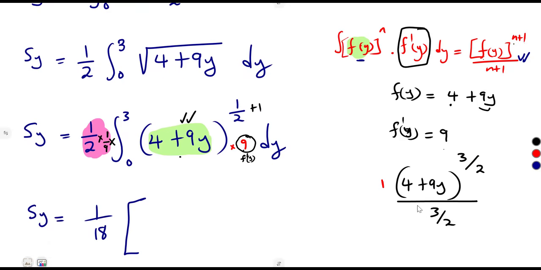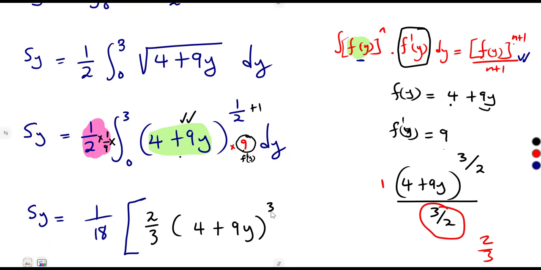So this is 1 divided by 3 over 2, which is going to give us 2 over 3 into this bracket, 4 plus 9y to the exponent of 3 over 2. This is what we were going to have at the end of the day. We have integrated by inspection.